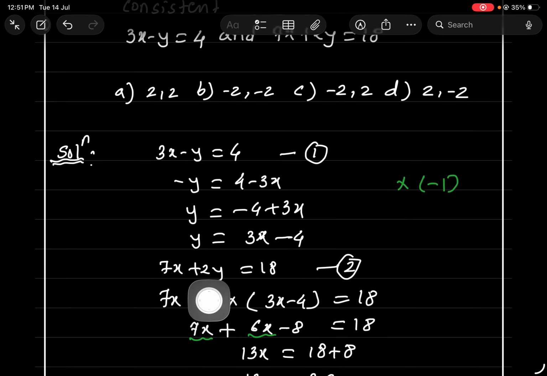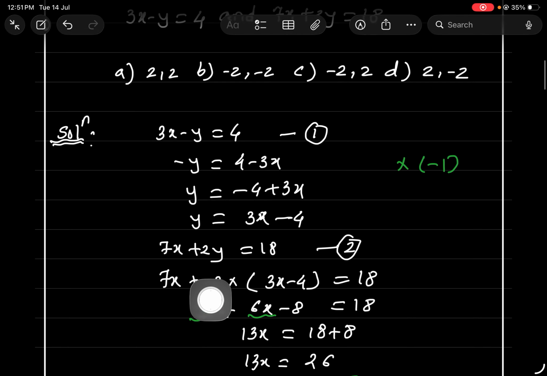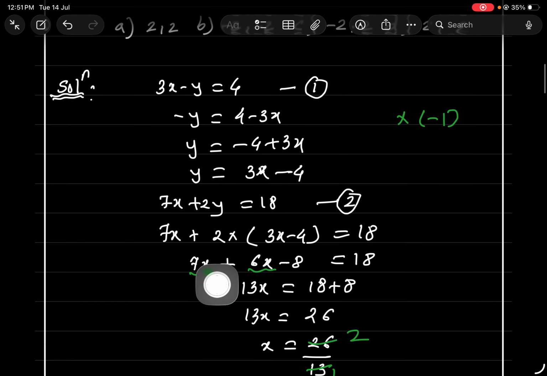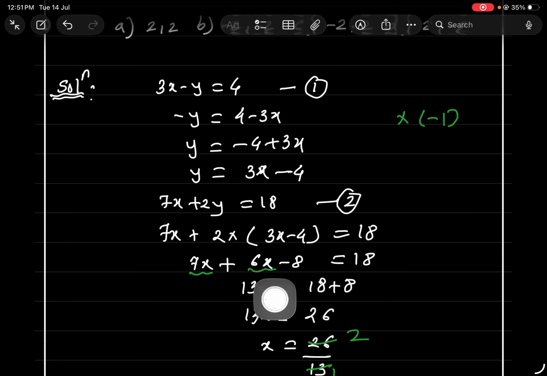Now your second equation, 7x plus 2y equal to 18. 7x as it is, 2 as it is, and y's value is 3x minus 4. Put it in brackets because two terms are there, equal to 18. So 7x plus 2 into 3x means 6x, and 2 into minus 4 is minus 8, equal to 18.